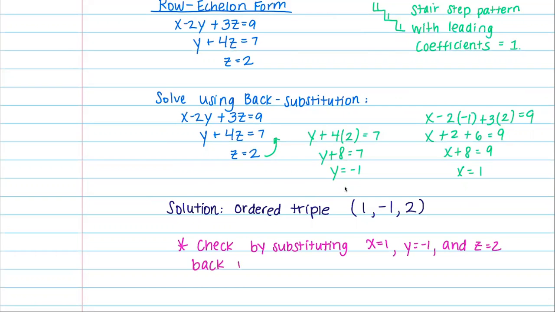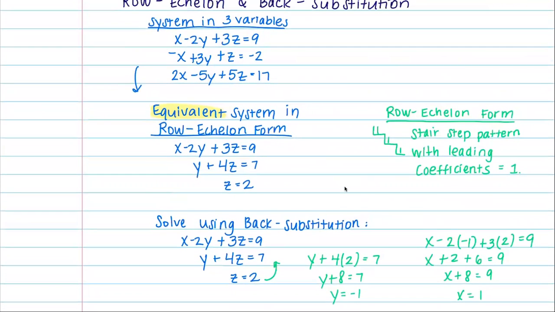We substitute that back into all 3 equations. So remember, for it to be a solution to the system, it has to be true for each equation. Now, it does not matter if you substitute it back into the row echelon form or the original system, where they are equivalent because they have the same solution set.